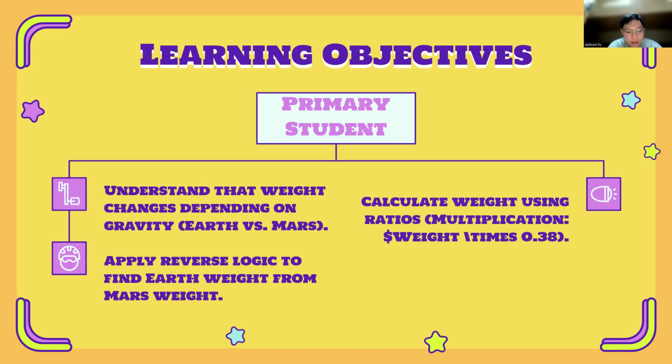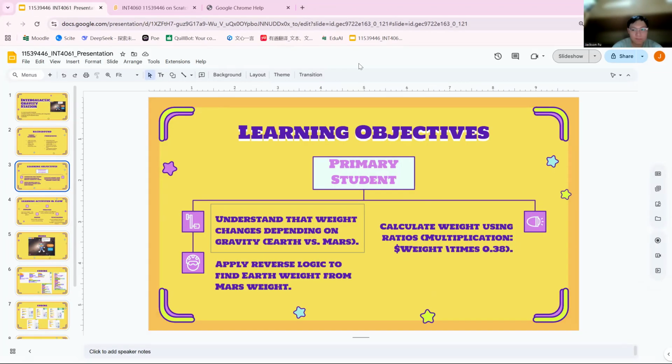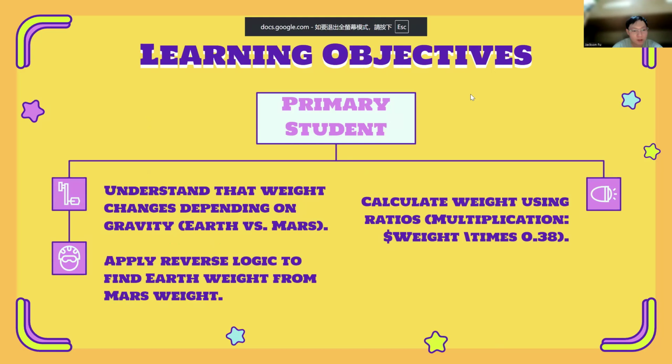And for advanced learners, apply reverse logic to determine the Earth weight when given the Mars weight. This encourages them to think backwards, which is a key problem-solving skill.